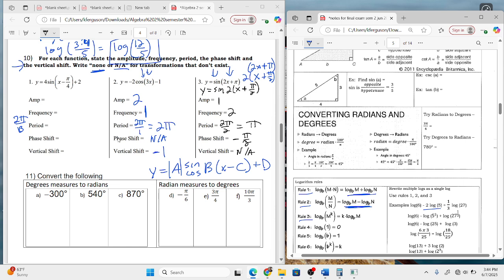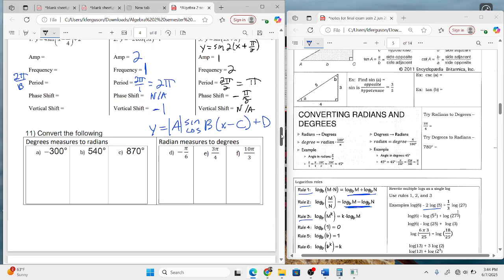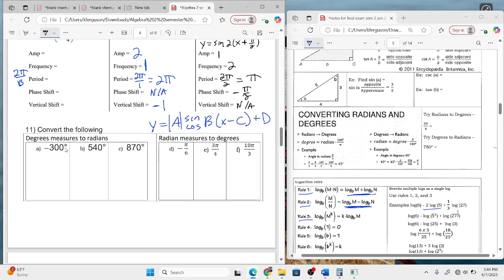Degree measure to radians: I take the degree and I multiply it times pi over 180.